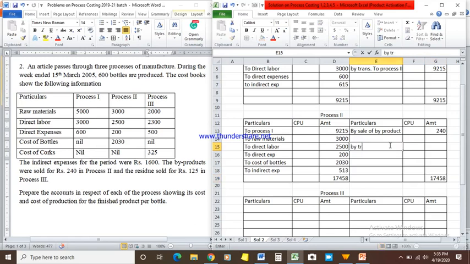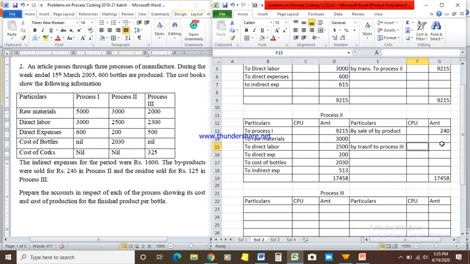The remaining amount we say transfer to process 3. So from 17,458 minus 240 rupees, we get 17,218.